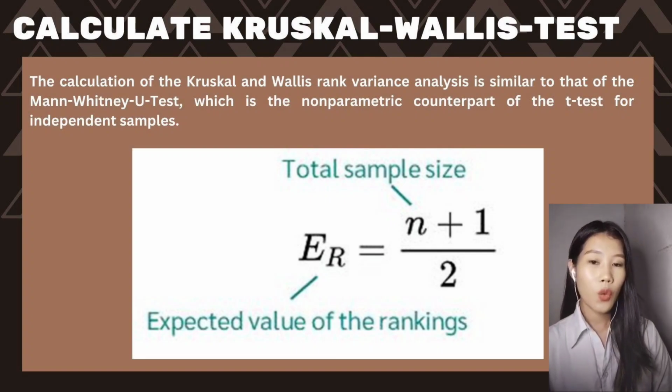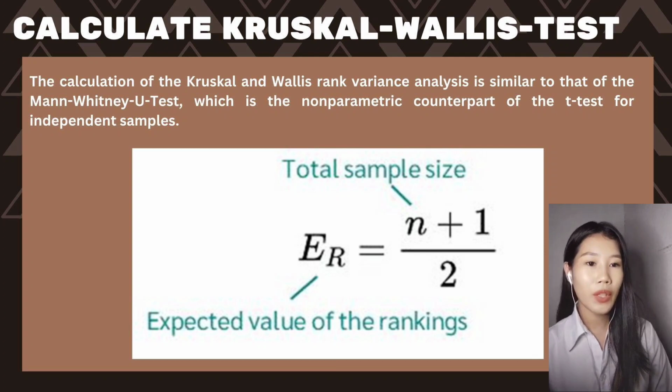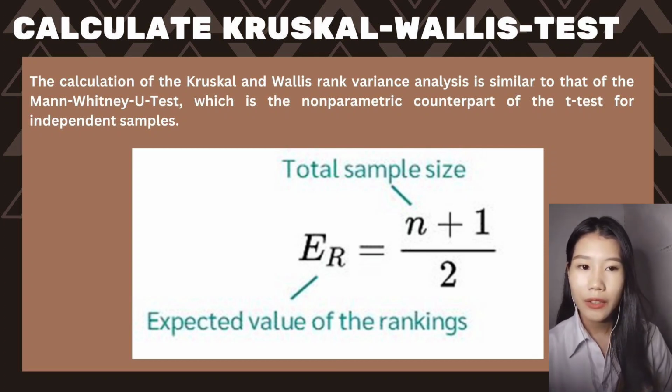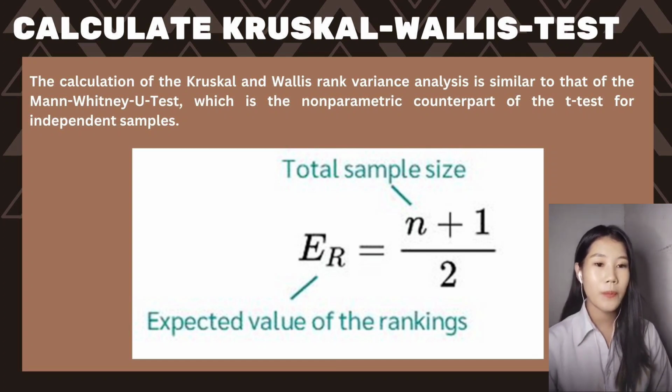Calculate Kruskal-Wallis test. So, the calculation for the Kruskal and Wallis rank variance analysis ay similar sa Mann-Whitney U test, which is parehas silang non-parametric counterpart of the t-test para sa mga independent samples.